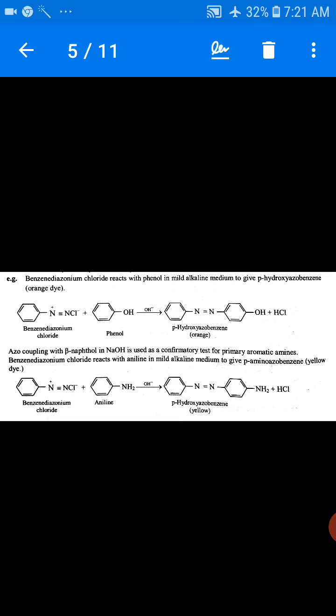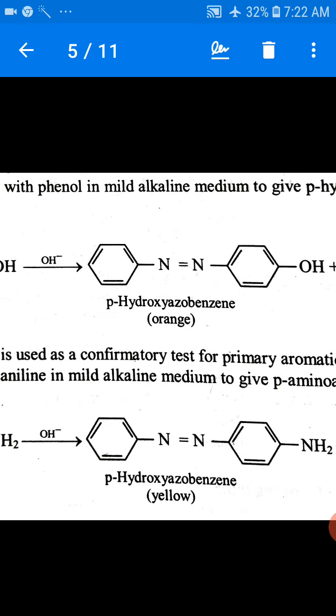Here there is removal of HCl, hydrogen from phenol and chlorine from benzene diazonium chloride, and there is attachment of both the rings through the azo group and formation of para-hydroxyazobenzene, which is the orange dye. This is the para-hydroxyazobenzene.